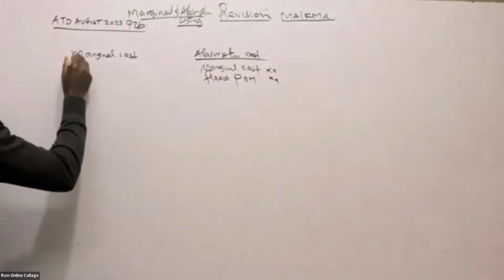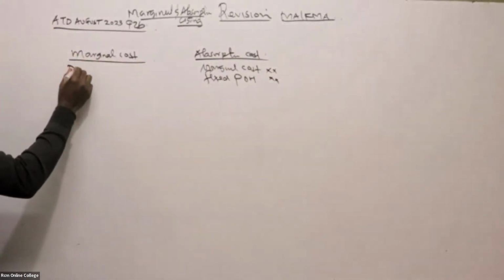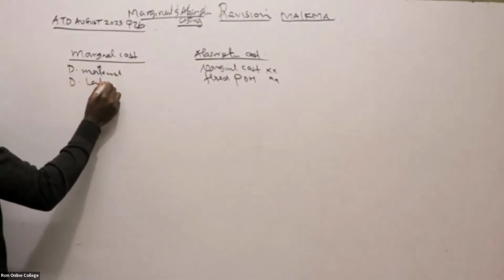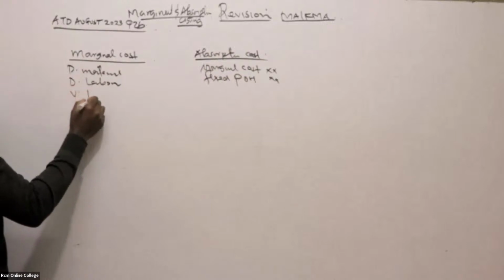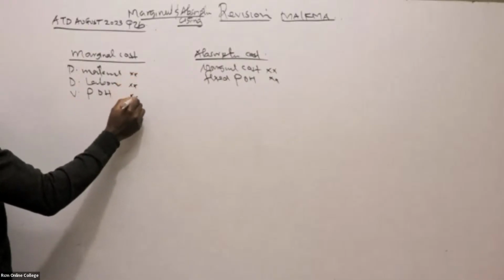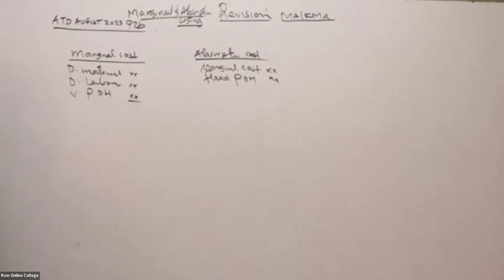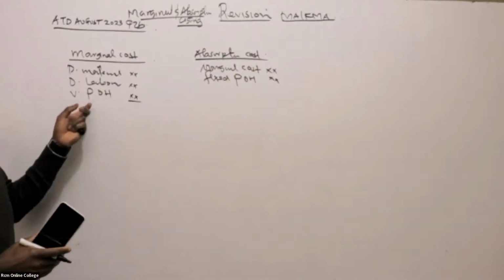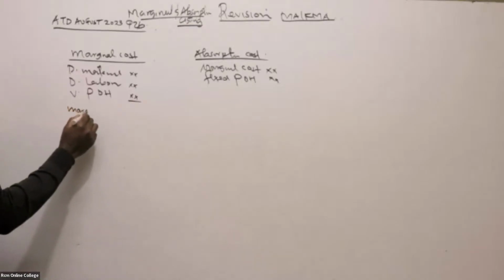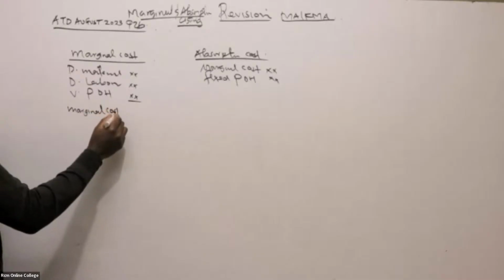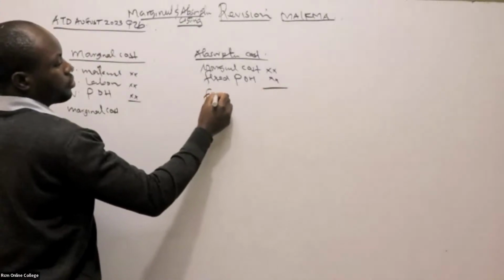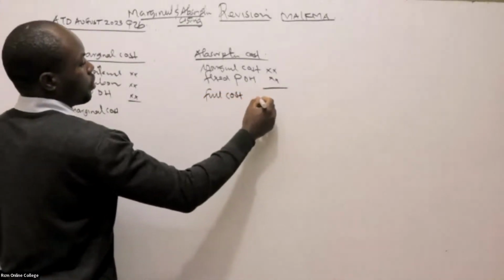Our marginal cost has direct material, direct labor, and variable production overhead, and that's all. When you add the first two, you get what we call prime cost. When you add variable production overhead, you get what we call marginal cost. Of course, when you add the fixed production overhead, you get what we call full production cost.